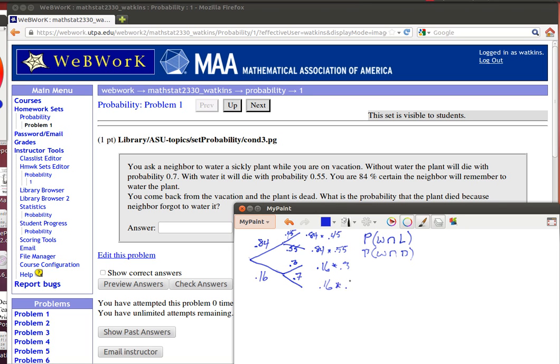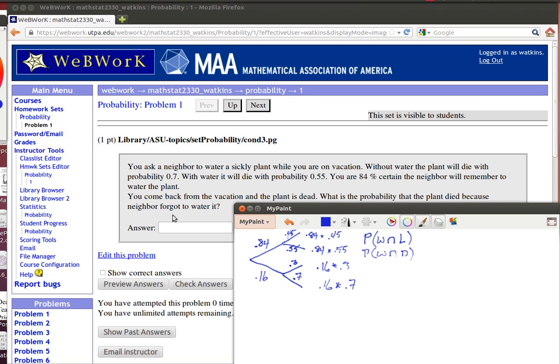Now it's not surprising that if you multiply all these out and then add them up, the total is going to be 1, because those are all the things that can happen. You add up all of those probabilities and it's got to be equal to 100%. One of those things does have to happen. Now in this particular problem, we're asked the following.